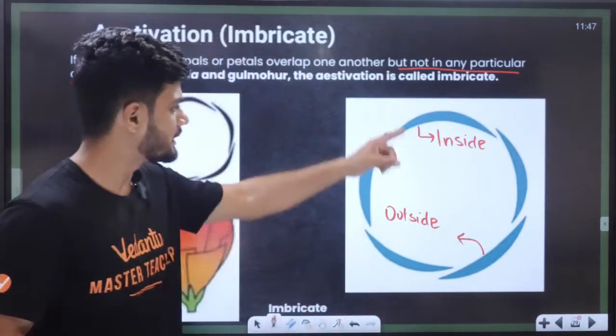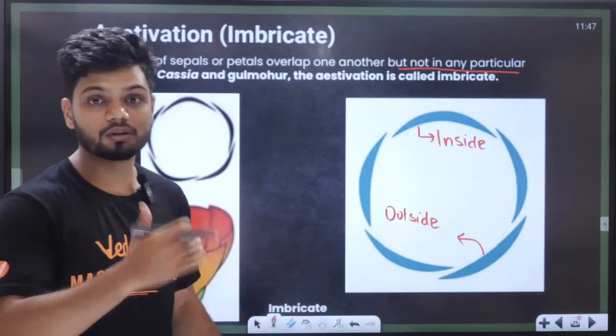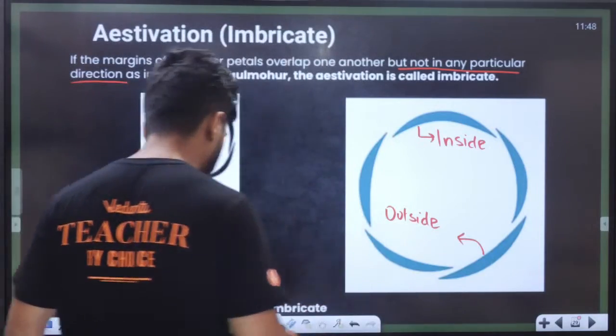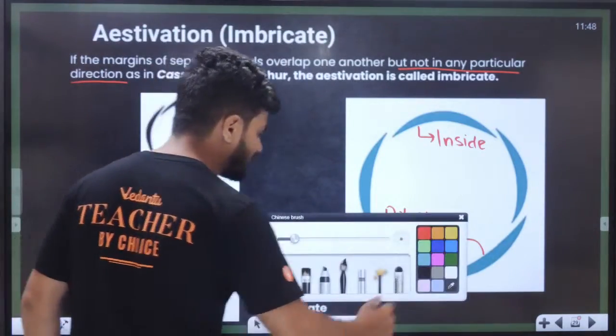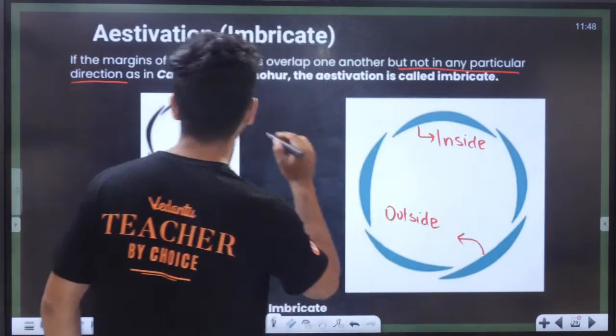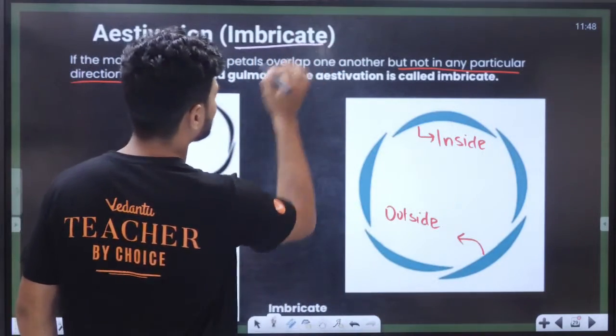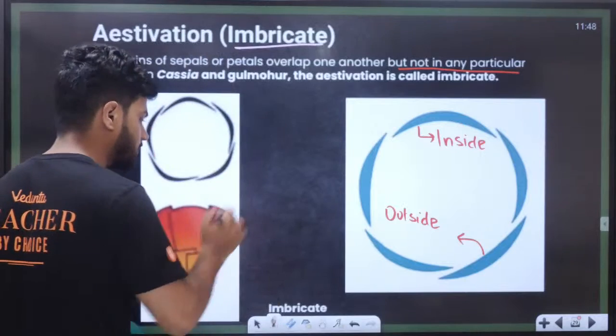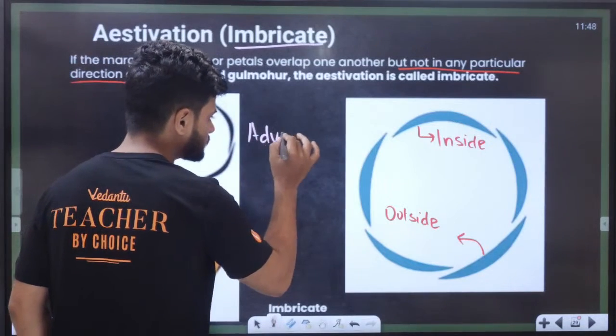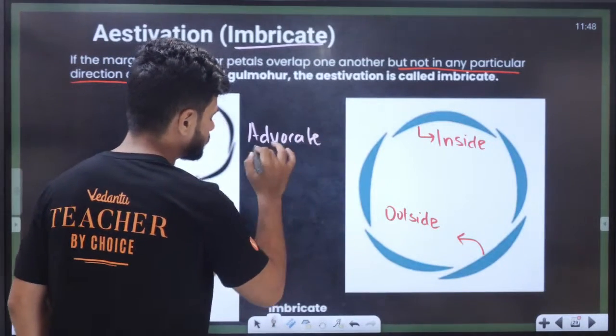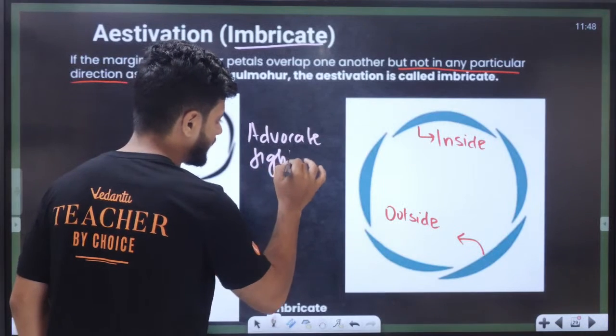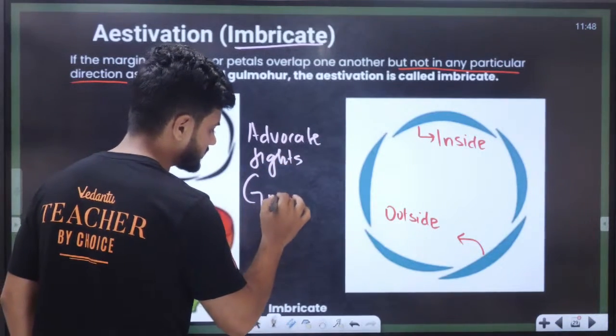One is completely inside, one is completely on the outside. Now, what is the trick here, students? The trick is very simple. Imbricate, advocate. Imbricate rhymes with advocate. An advocate fights gun cases.